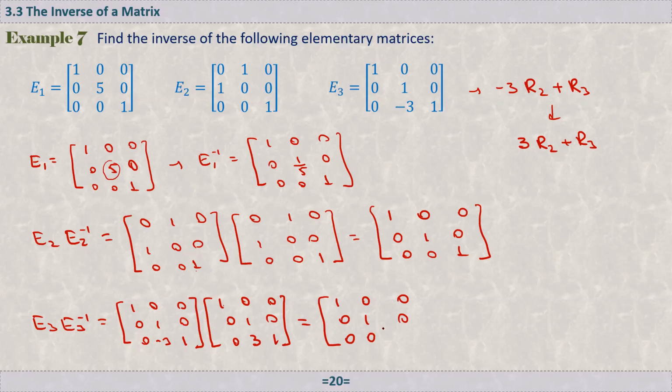So that's equal to 0. That's why they're saying this, it is also of the same type. But here, if it is subtracted, we should add. If it is multiplied, we should divide. And 0 times 0, okay, all are 0. So here we have 1 times 1, here we have 1. That's also identity matrix. That is how we actually find the inverses of elementary matrices.